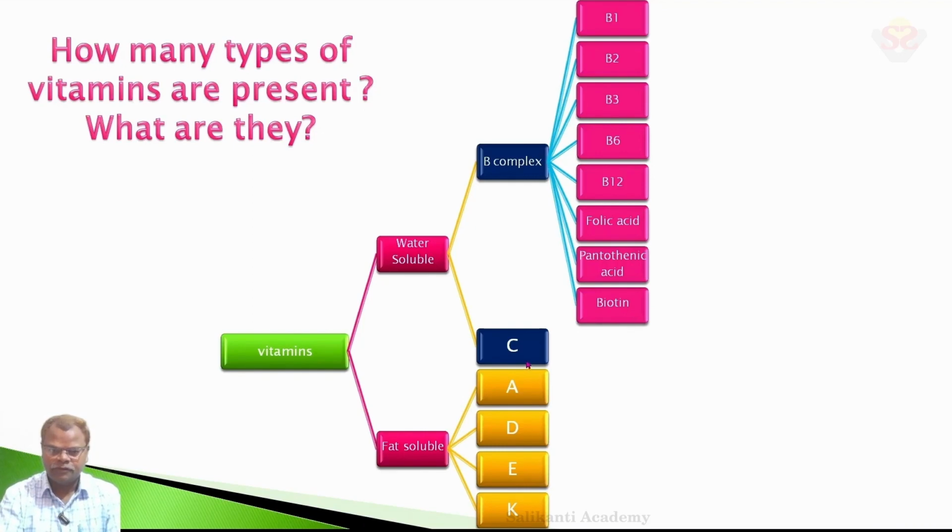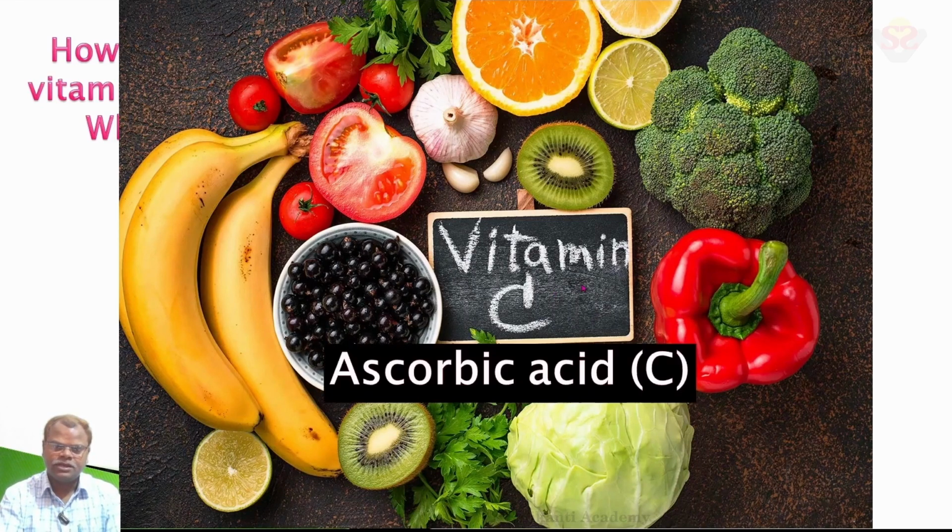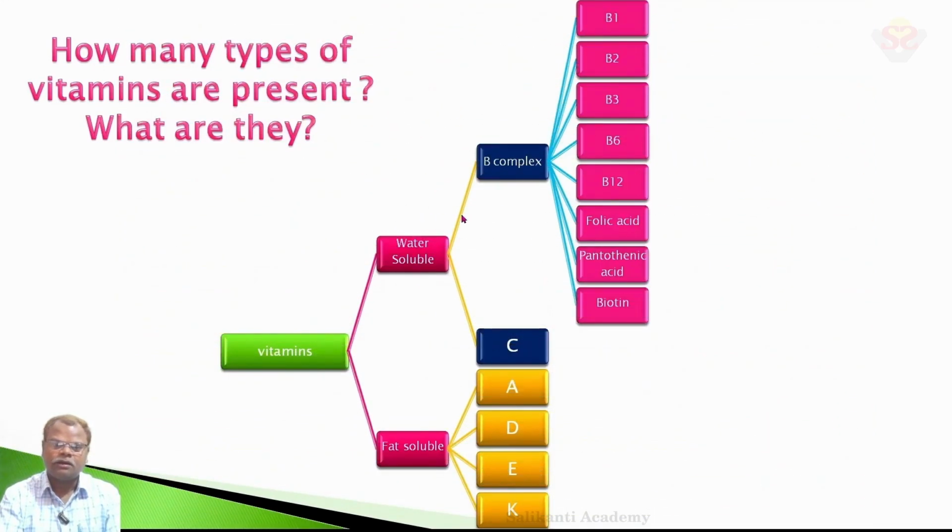The chemical name of vitamin C is ascorbic acid. The major sources of vitamin C are citrus fruits, green leafy vegetables, sprouts, and others.